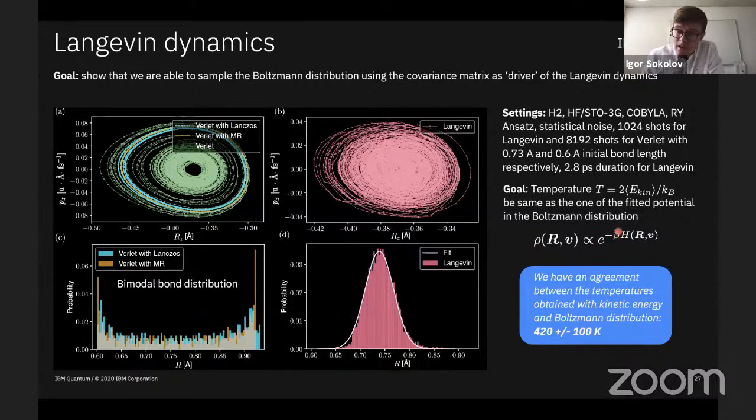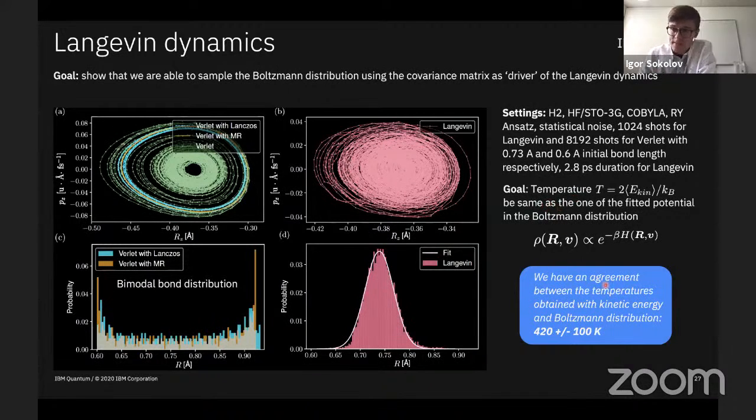With this fit, we can then extract the beta value and compute the temperature. And this temperature of our system should be in agreement with the one computed using the kinetic energy. If these two values are close to each other within a certain error, then we are sure to sample, to collect correctly, the Boltzmann distribution and are doing everything right.